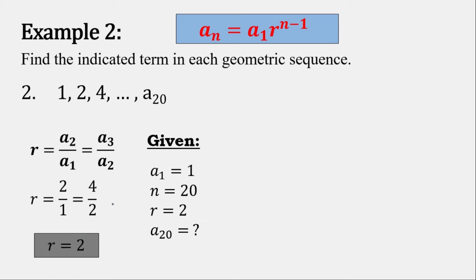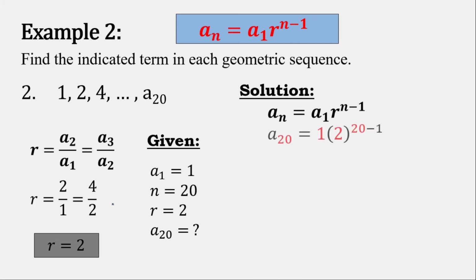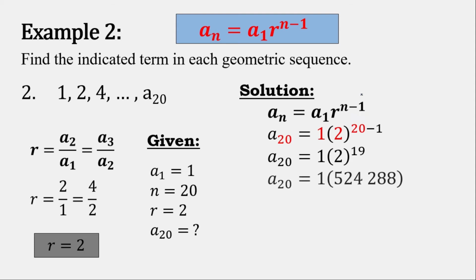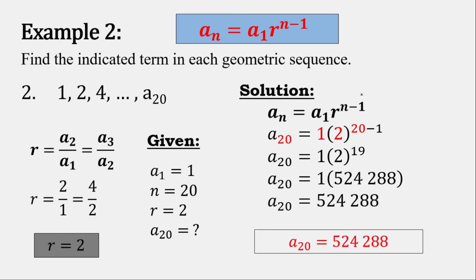This one is a whole number. So this would be much easier than the previous example. So let's substitute it. 20 minus 1 is 19. Then 2 raised to 19 is 524,288. Let's multiply by 1, and we get this answer.